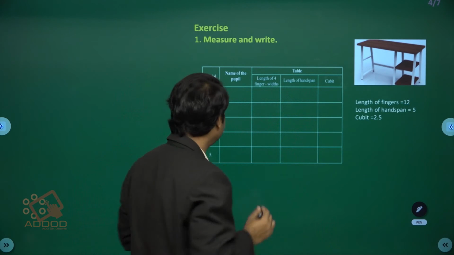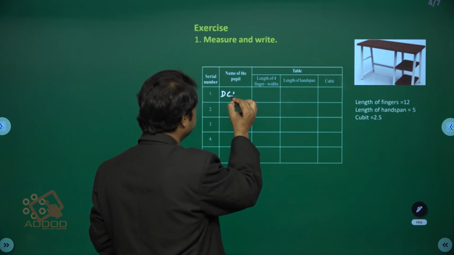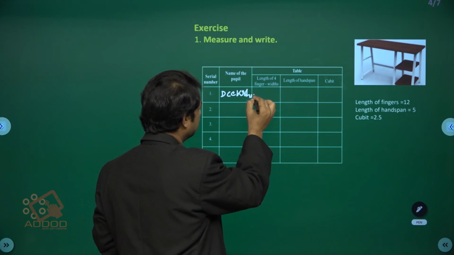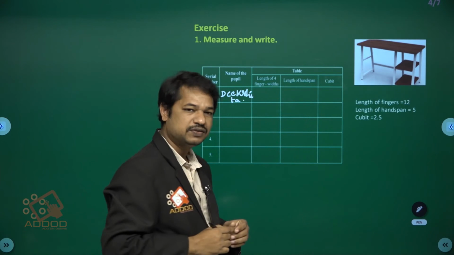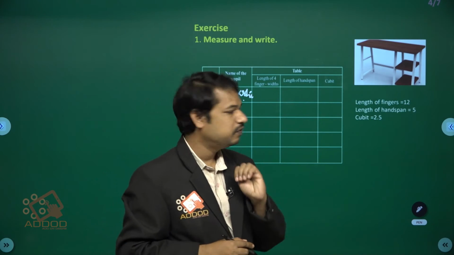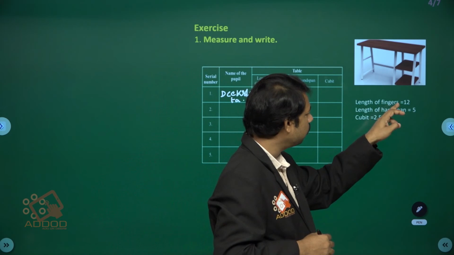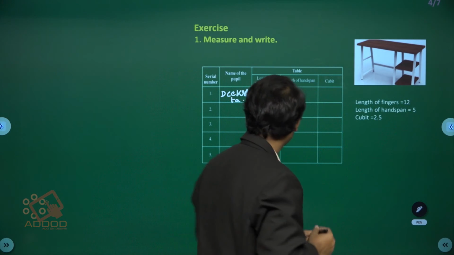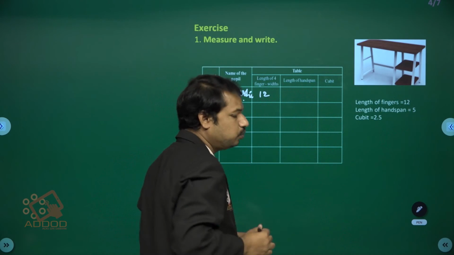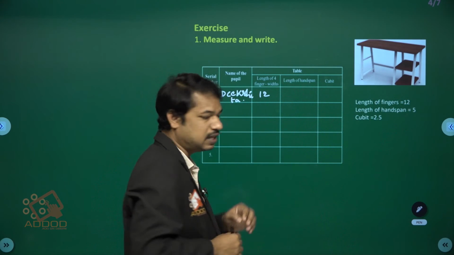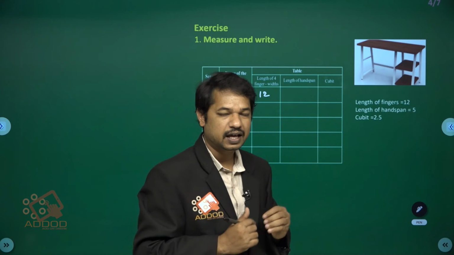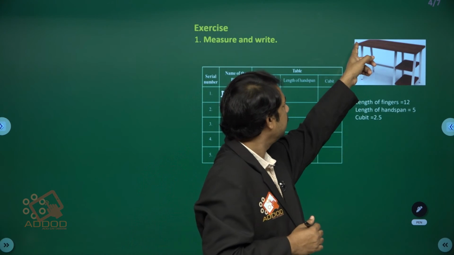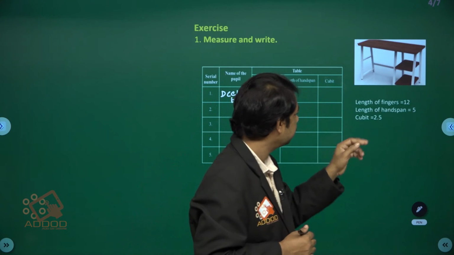For example, Dikshita. Length of the 4 fingers width. See children, length of the 4 fingers width is 12. Using Dikshita's 4 fingers, the length is from here to here.